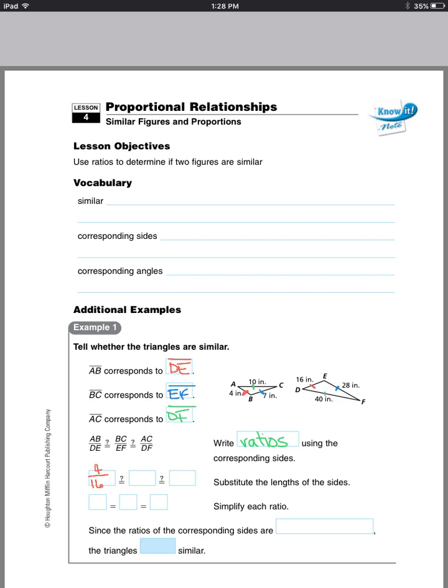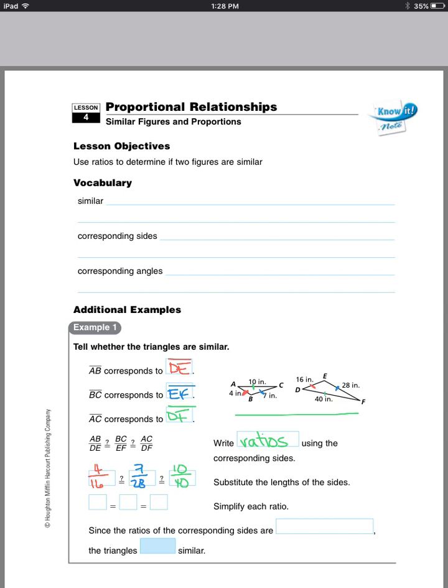BC was 7 over EF, which was 28. And finally, AC was 10 over DF, which is 40. Okay? And I just got those from our figures over here. I just took the side lengths.